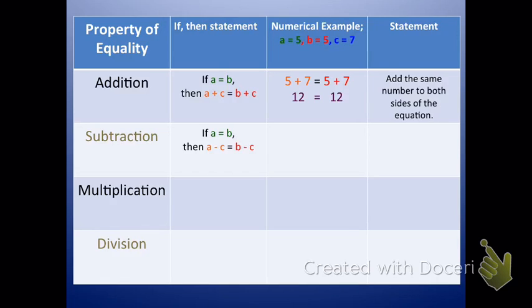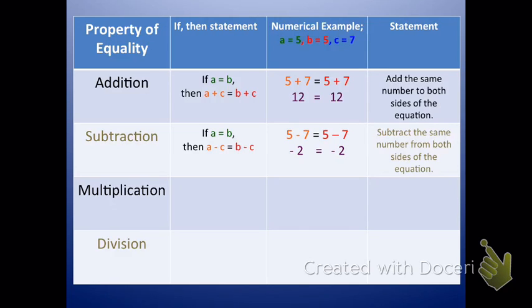So, our numbers will look like this: 5 minus 7 equals 5 minus 7. And 5 minus 7 is negative 2. So you would get negative 2 equal to negative 2. And instead of add the same number to both sides of the equation, you're going to subtract the same number from both sides of the equation.